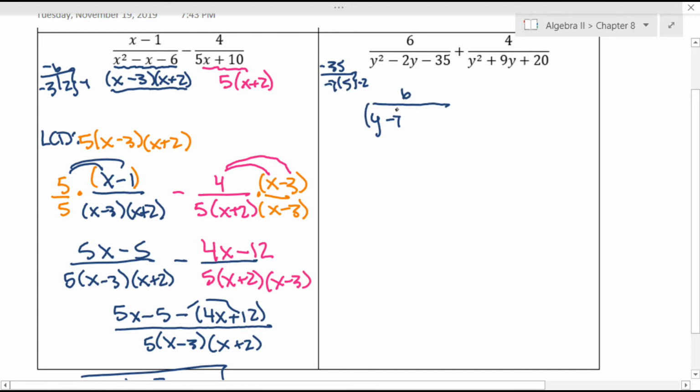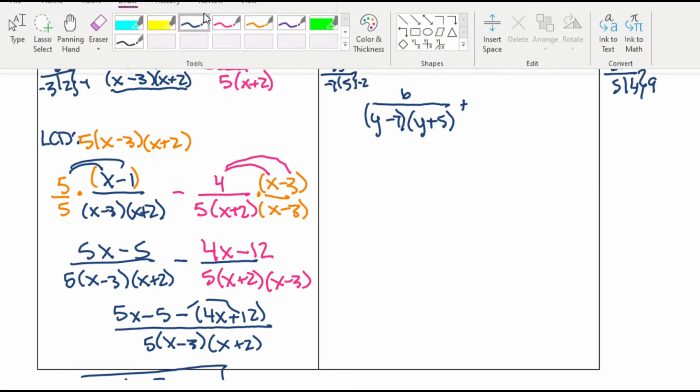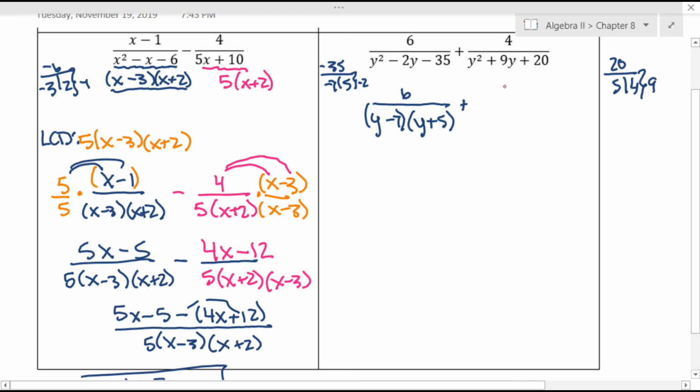So we get y minus 7 and y plus 5. On this side, we need two numbers that multiply to 20 but add up to 9. That's 5 and 4. So this one is going to be 4 over y plus 5 and y plus 4.